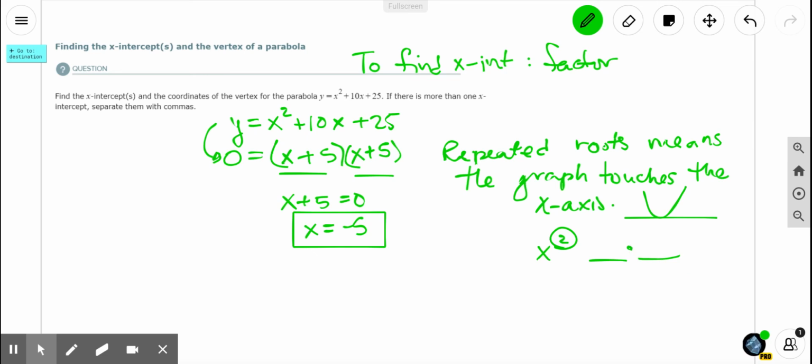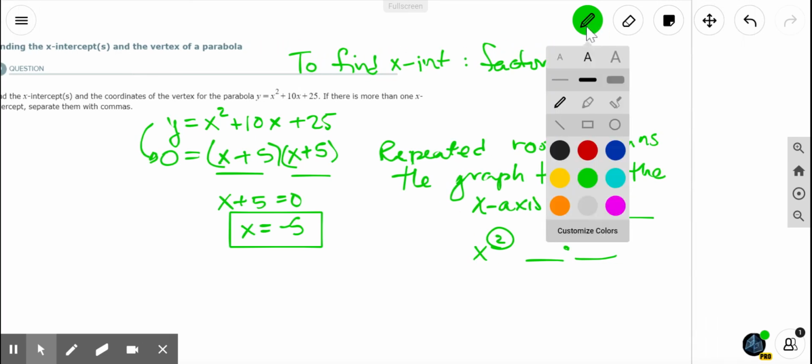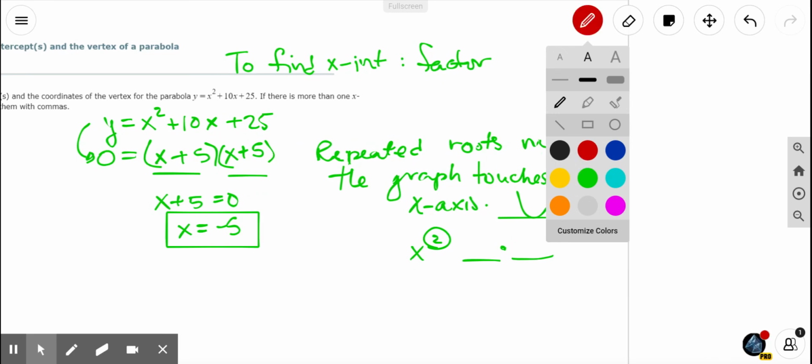So it says find the x-intercepts, which is -5. And it says the vertex. For the vertex, I'm going to change colors. The vertex is going to be h.